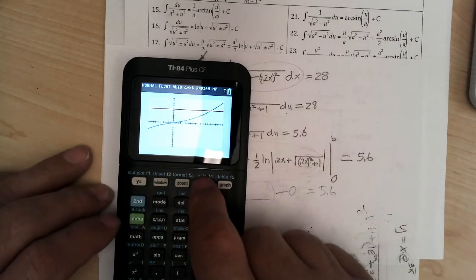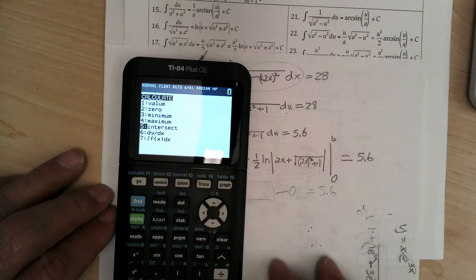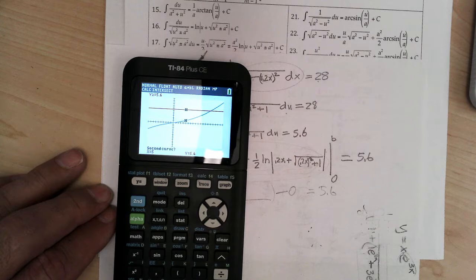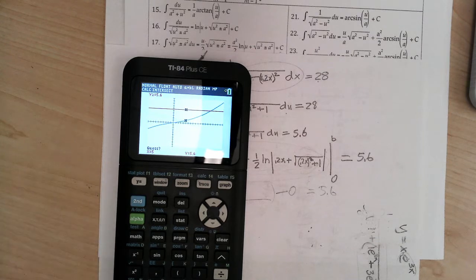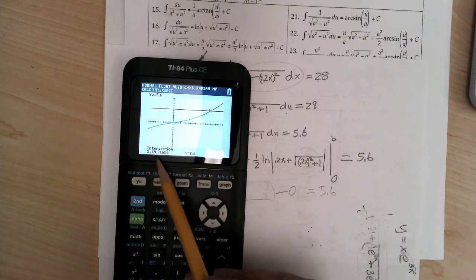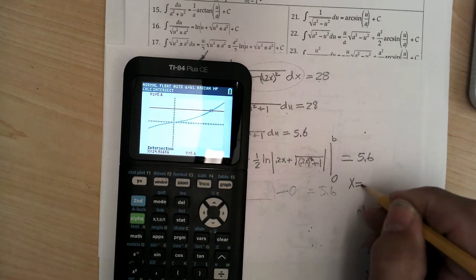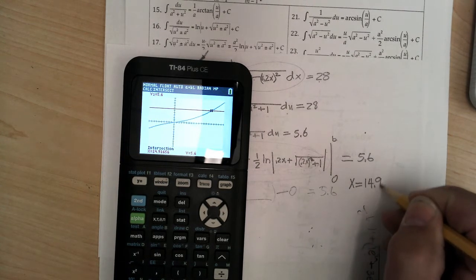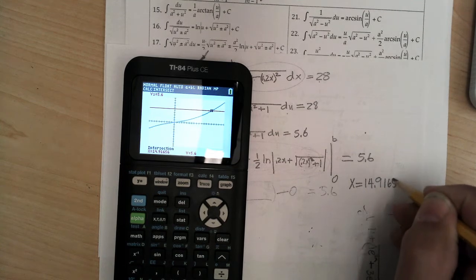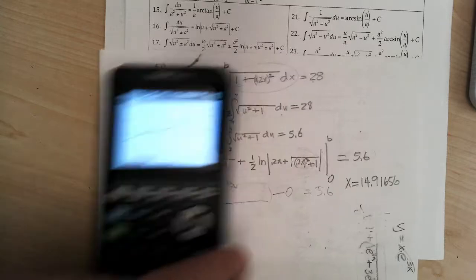So I'm going to go second, calculate, second trace, find the intersection between that curve, enter, that curve, enter, and my guess, I'm just going to say wherever it was, and it says it intersects at 14.91. So x has to equal 14.91656, and my y is 5.6 high.